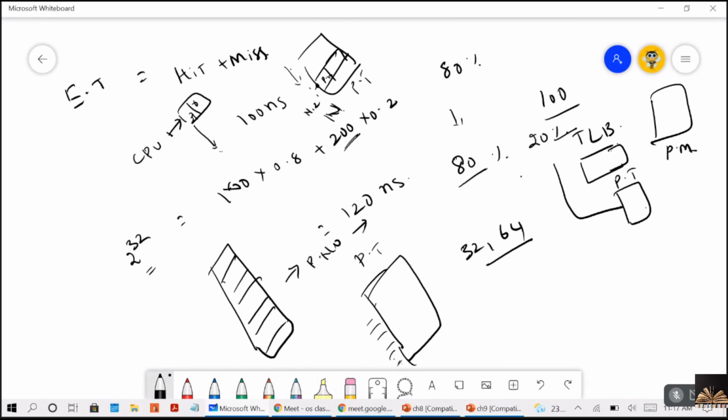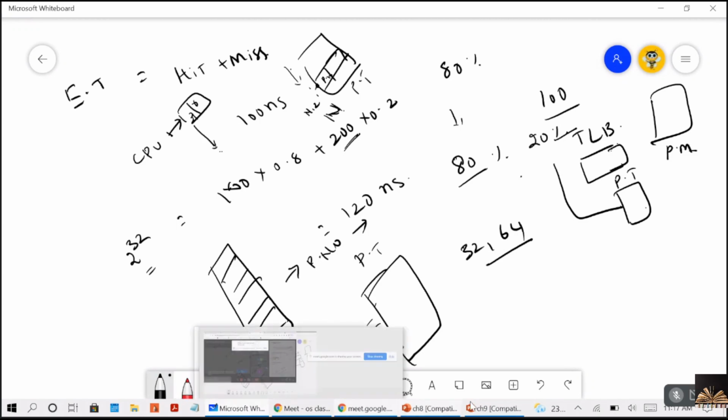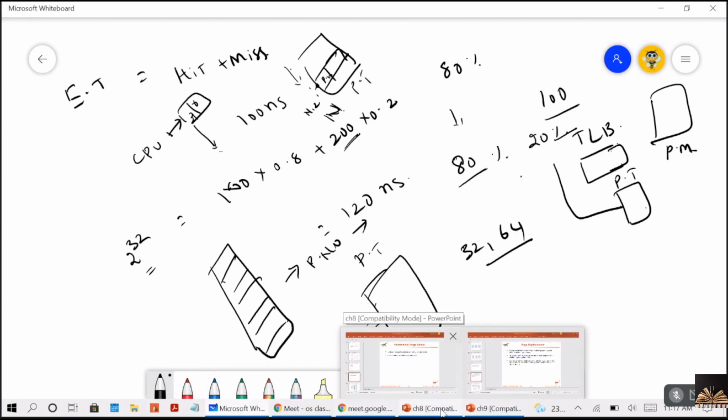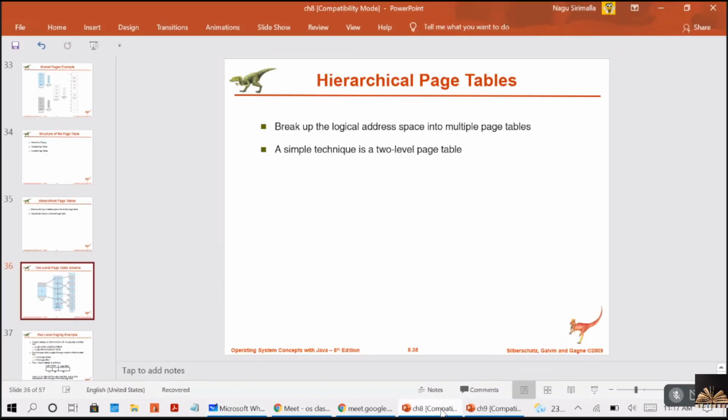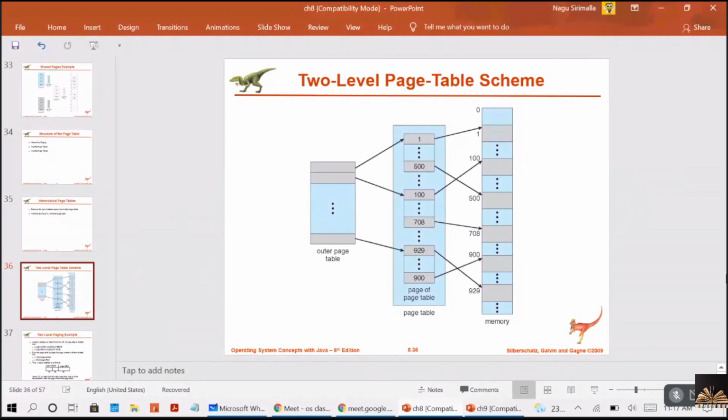To avoid that, we use the hierarchical page table structure. What do you mean by hierarchical? Instead of only one level, you have two levels of page table representation, right? If you see the diagram, it looks like that. This is your outer page table, this is your actual page table, and this is your physical memory. You're getting me, guys? This outer page table will work as the index.